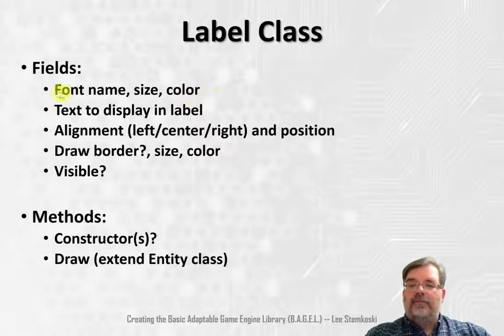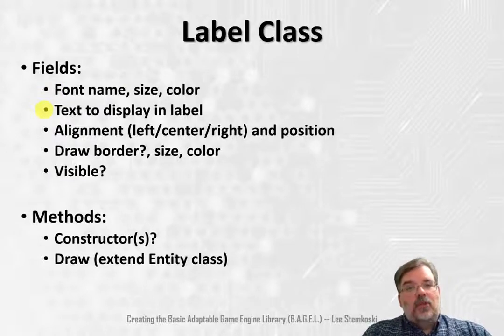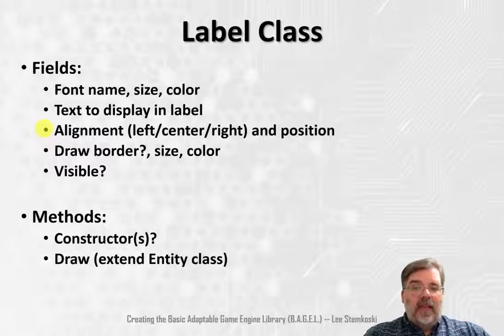rendering it. In addition, of course, we'll need some kind of a string variable containing the text which will be displayed within the label. The next point is subtle and important. We need to specify a position for our label within the game. However, sometimes we'll want text to be placed in a corner of the screen or perhaps centered along the bottom or the top of the screen.